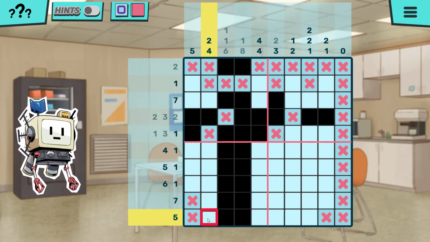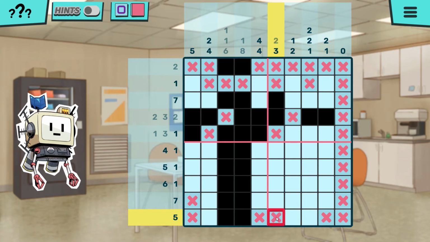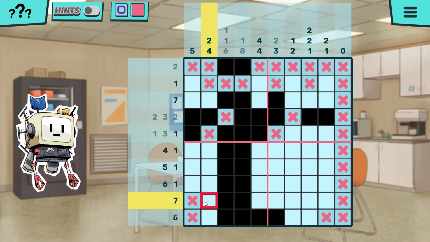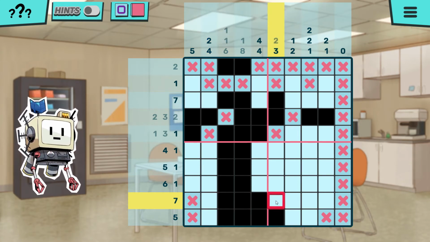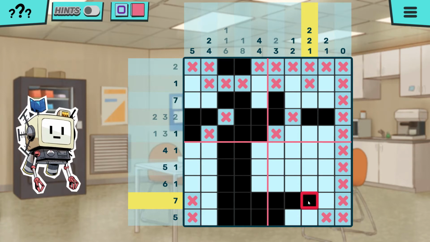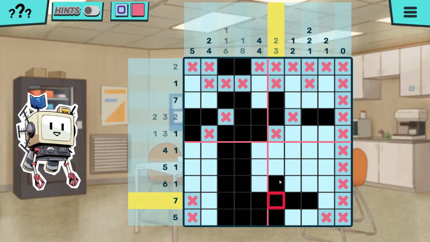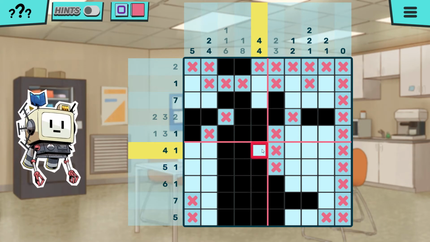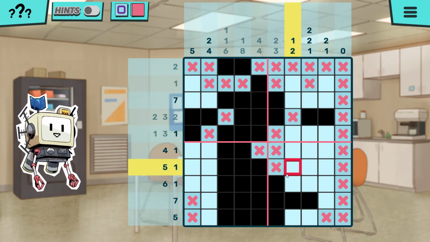If it starts here, we've got 1, 2, 3, 4, 5. These have, no, not X's, these have to be filled out. That's guaranteed. Same with the 7. No matter where it starts, if it's 1, 2, 3, 4, 5, 6, 7, these have to be filled out. So the 3 is gone here. Then we've got the 4, these two, this, that's gone.